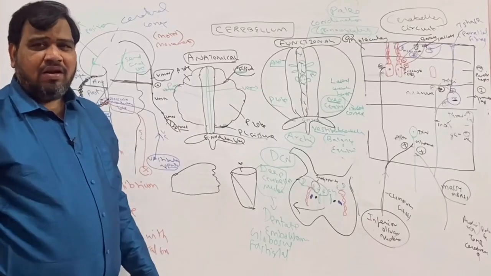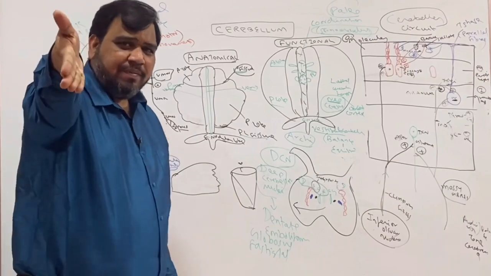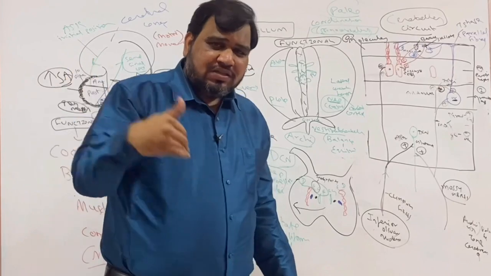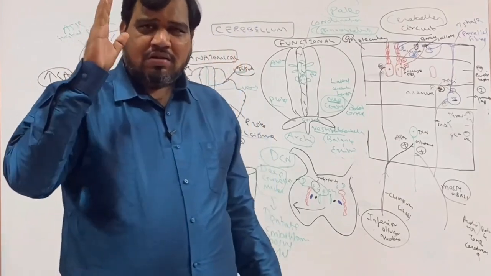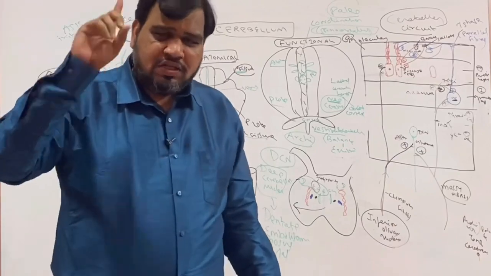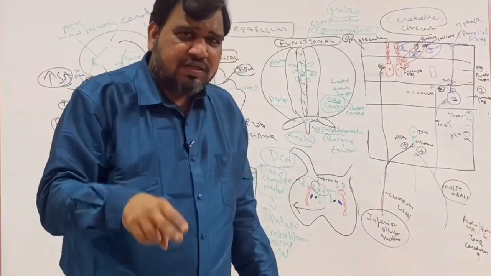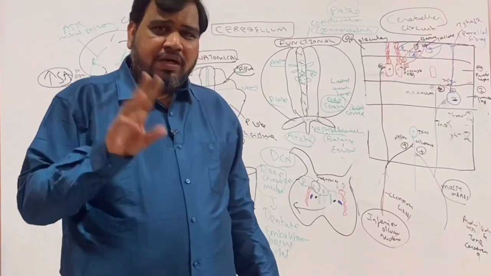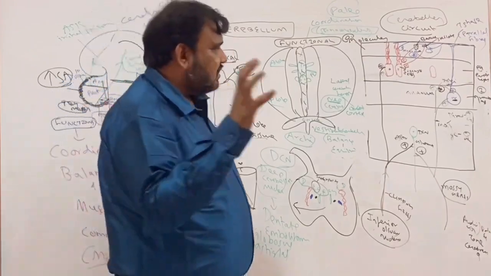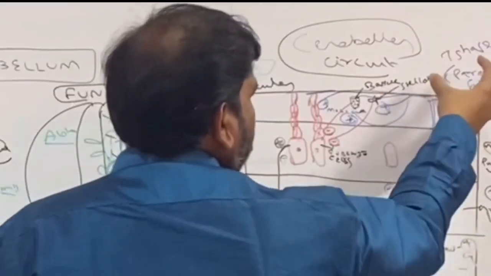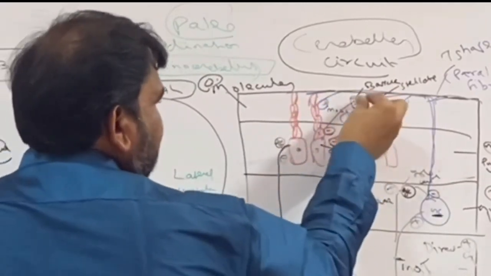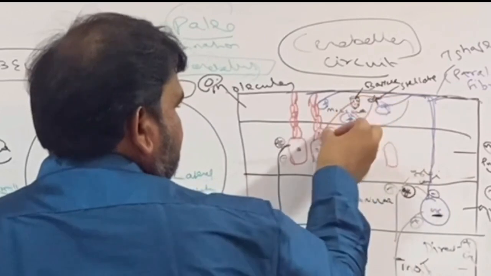So again the confusion: the parallel fibers directly go and stimulate the Purkinje cell, but the granule cells, or the parallel fibers, which are the continuation of the granule cells, stimulate all the three. It stimulates basket cell, stellate cell, and Purkinje cell. But the basket cell and stellate cell inhibit the Purkinje cell. So if you ask the effect of granule cell or parallel fibers, yes plus, but the basket and stellate, which inhibit this, are also stimulated.